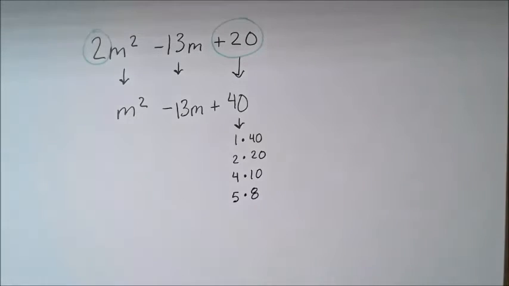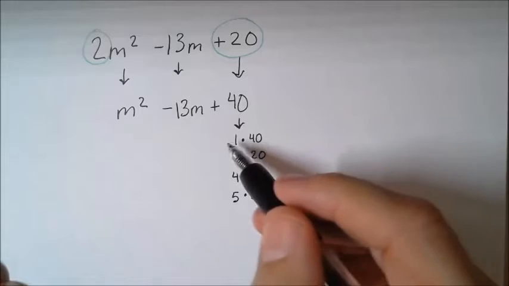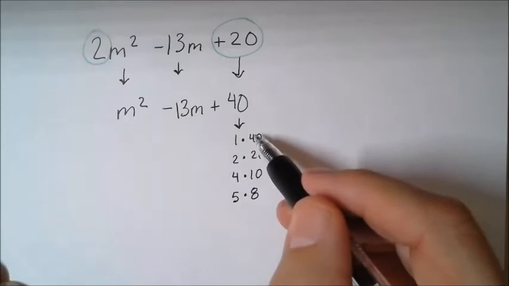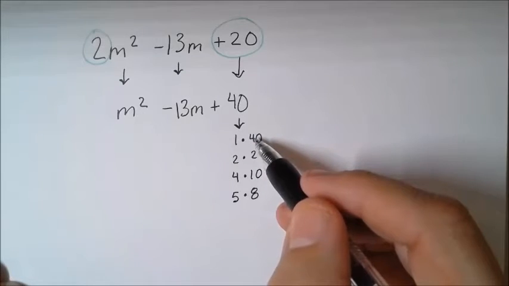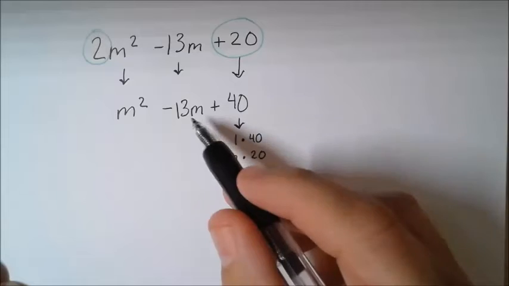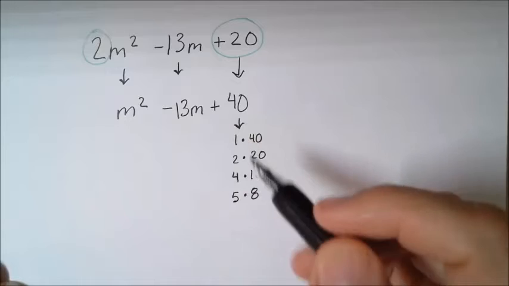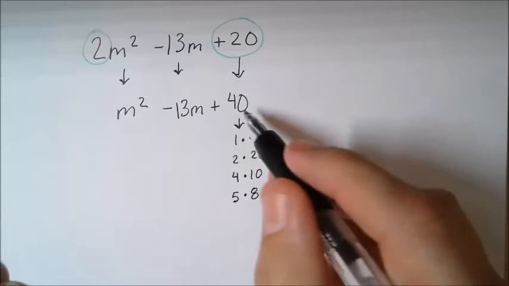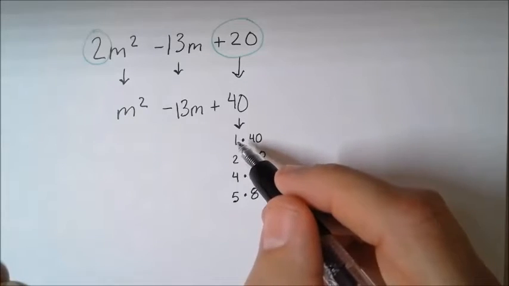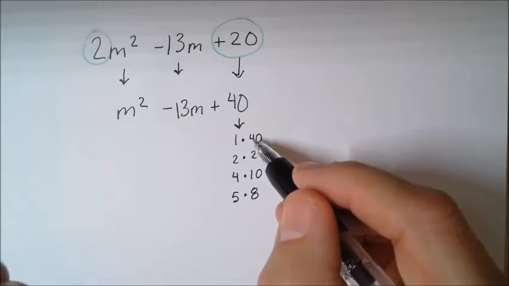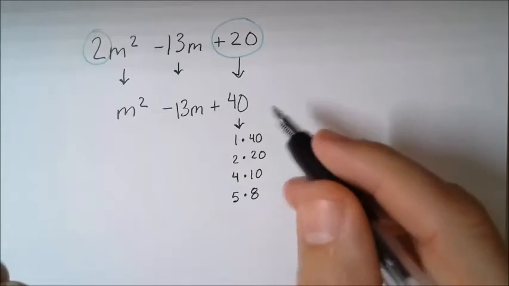Keep in mind, I want to look at these numbers and say if I combine these two terms, can they either add together to give me 13 or subtract to give me 13. Either way you would like to think about it. Let's look at 1 and 40. If I add them, it gives me 41. If I subtract 1 from 40, it gives me 39.